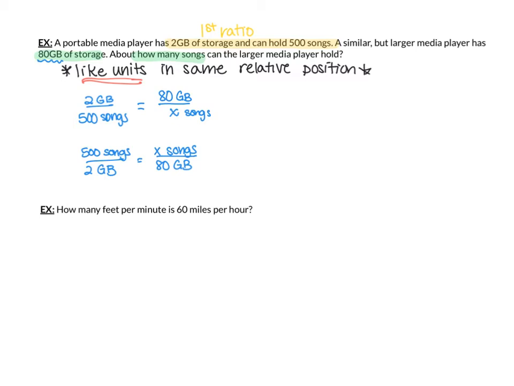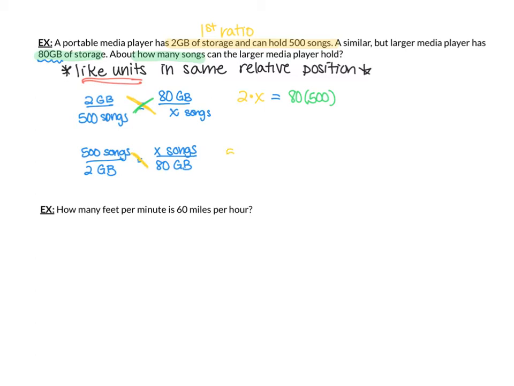When I go through to solve this and I do my cross products on this top equation that was 2 gigabytes over 500 songs equals 80 gigabytes over X songs, we would get 2X equals, we'll do the cross, 80 times 500. Okay, so look at the cross product on the next one.